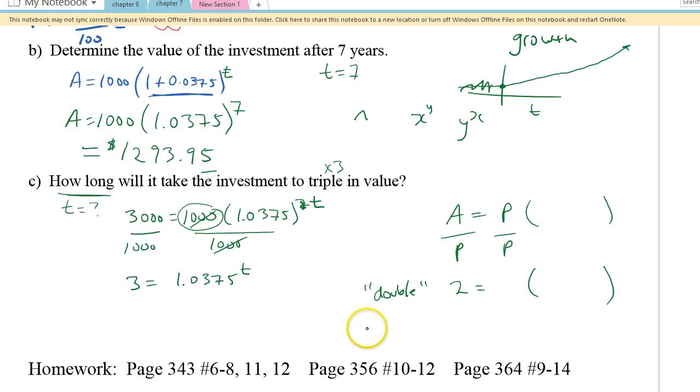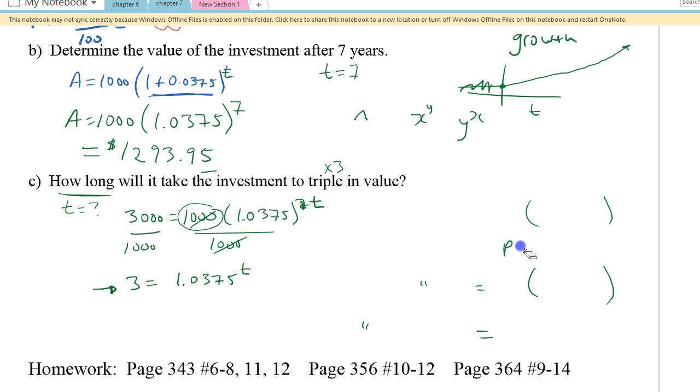Or if it was triple, then we're going to get 3. This is because of that word triple. That's why we have that 3 there. So now we're going to have to figure out what our time is.